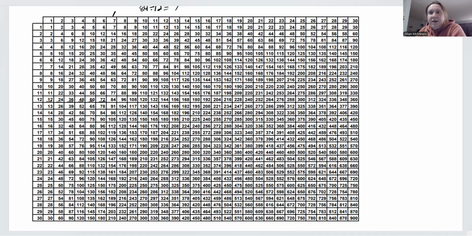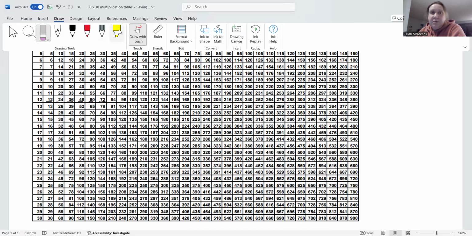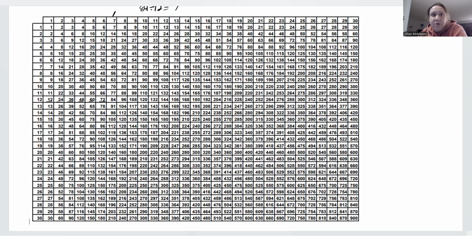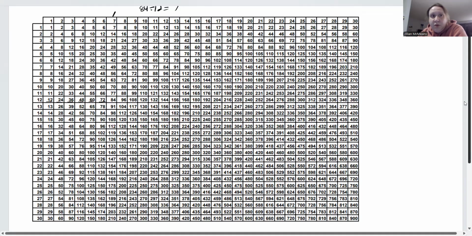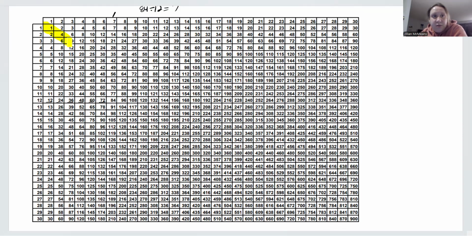Okay, so here's our multiplication table, and there's something really powerful that happens with it. If we start with the whole multiplication table and go down this diagonal, I have to be really careful to actually go down the diagonal.